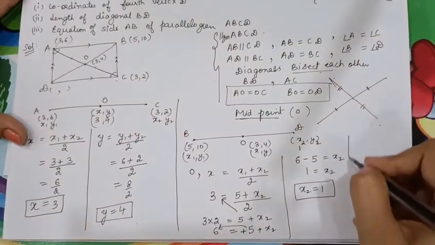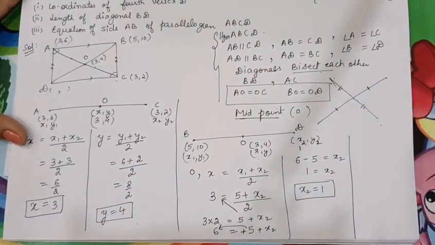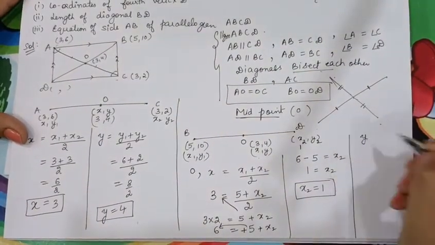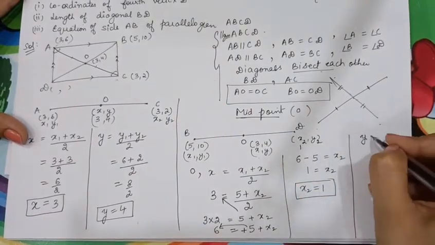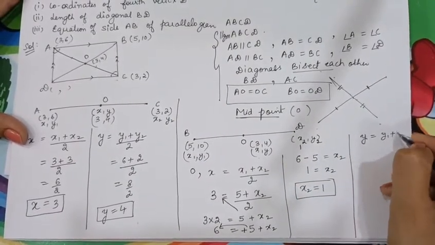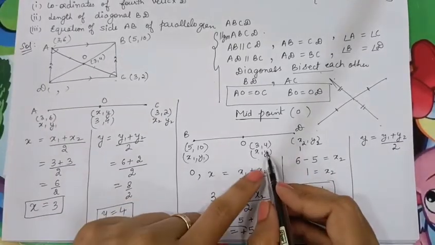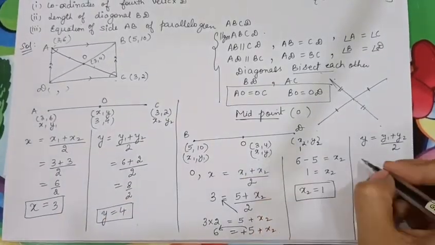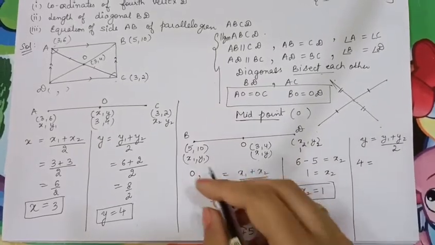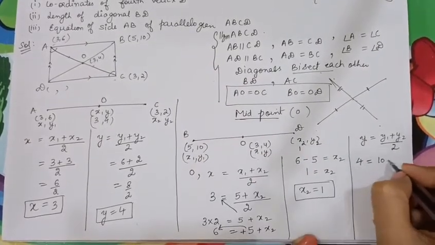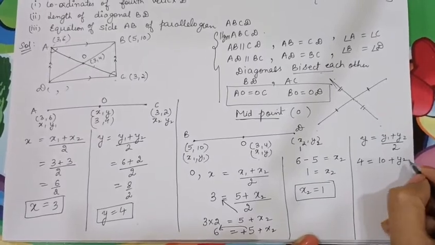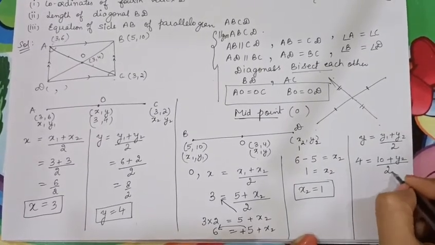Now we will apply the midpoint formula again for the Y coordinate and find the value of Y2. So the Y coordinate is (Y1 plus Y2) by 2. The Y coordinate's value we already know here, which is equal to 4. Y1's value is 10. Y2 is Y2 only, because this is what we have to find, by 2.